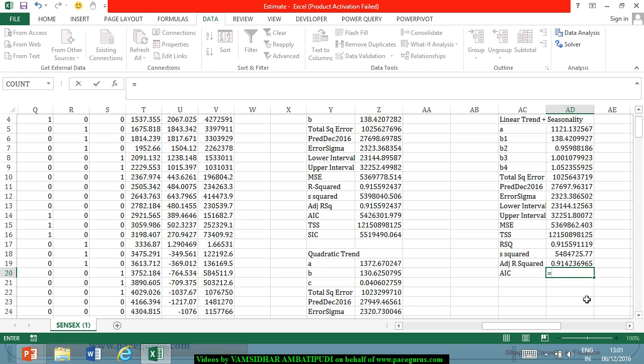AIC, Akaike information criteria, says I will multiply the mean squared error with e to the power of 2k by T. K is 4 here, so 2K by T is 8 divided by 191. T is 191 observations altogether.